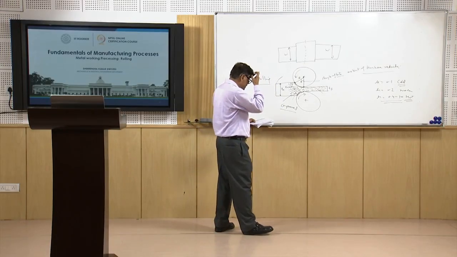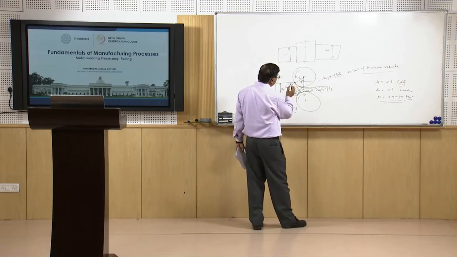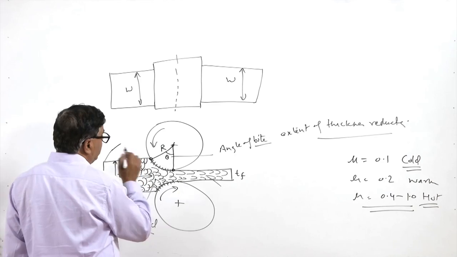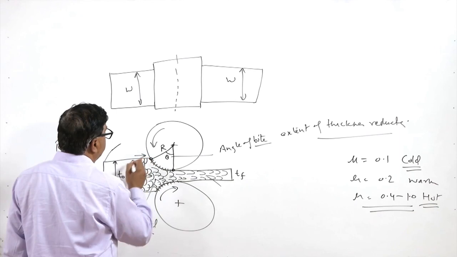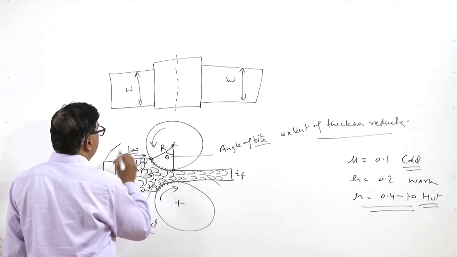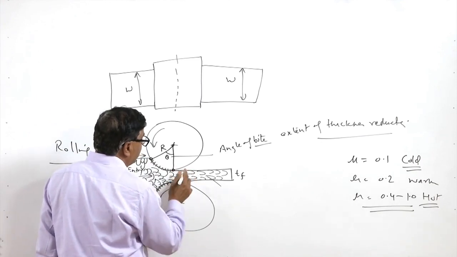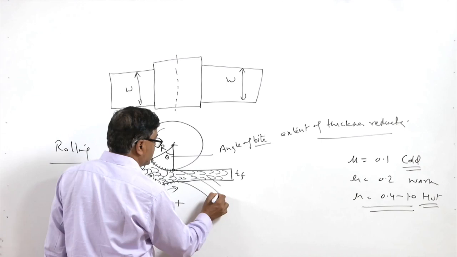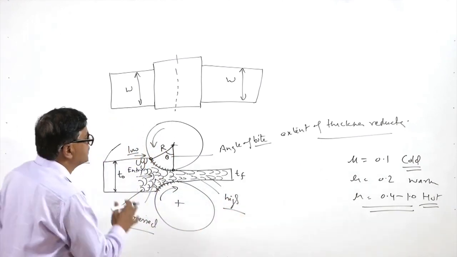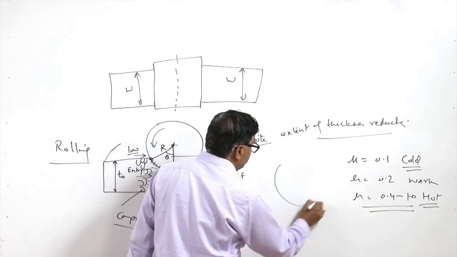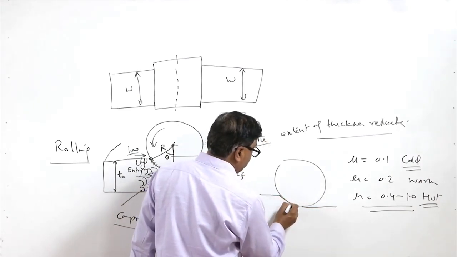So, when the material is deformed by rolling, we see that the speed of the metal at the time of entry between the rollers is very low, and the speed of the metal when it comes out is high. At the exit the speed is high, while at entry the speed is low. In this configuration, here it exits and here it enters.